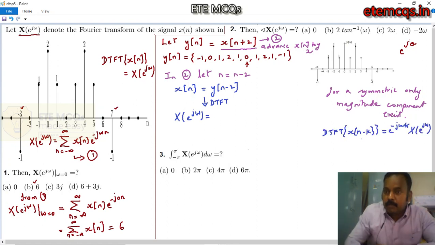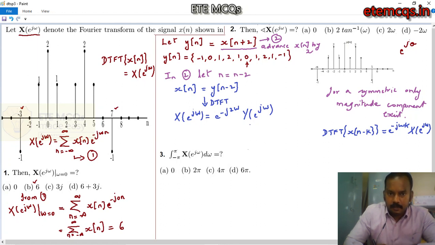Based on the time shifting property, we can say that x of n minus k is equal to e power minus j omega k into X of e power j omega. Right now we have y of n minus 2. When you apply this DTFT time shifting property, you will get e power minus j 2 omega into Y of e power j omega.